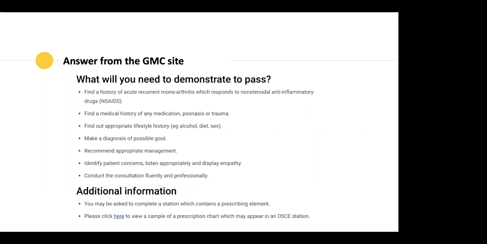Then, importantly, where you will get your marks on interpersonal skills is to identify patient concerns, listen appropriately, display empathy, and finally conduct the consultation fluently and professionally, which I think Maya did quite well.